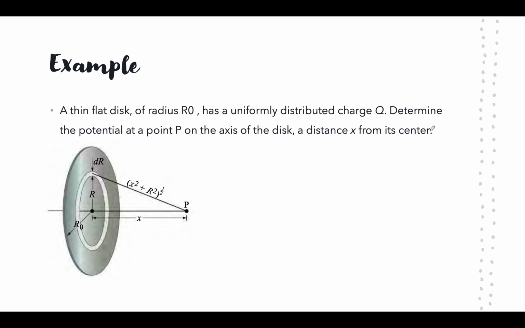We have to break it down into tiny area differentials. So we know that the total area has a total charge Q, which means that an area differential dA would have a charge dq. I know that the total area of this disk is equal to pi r0 squared, and this has a charge of Q.